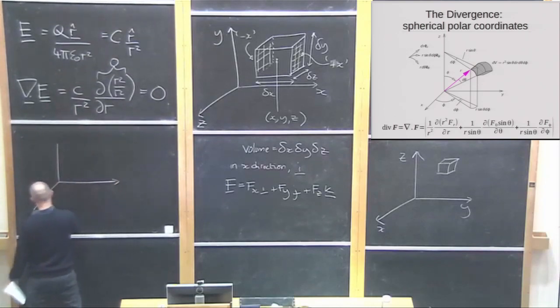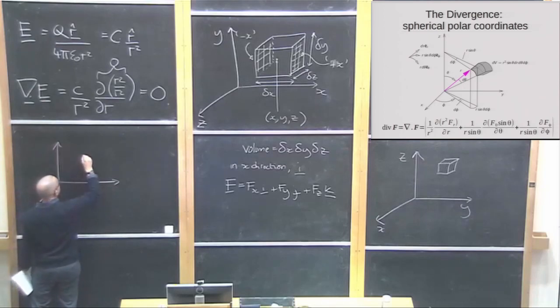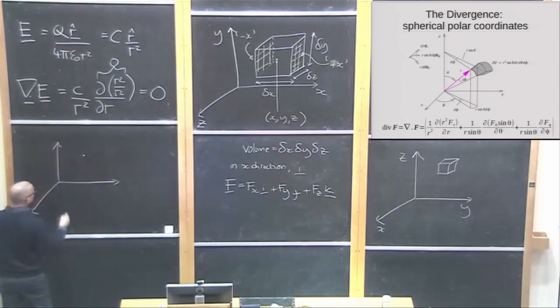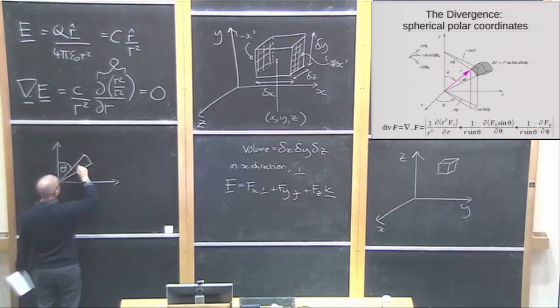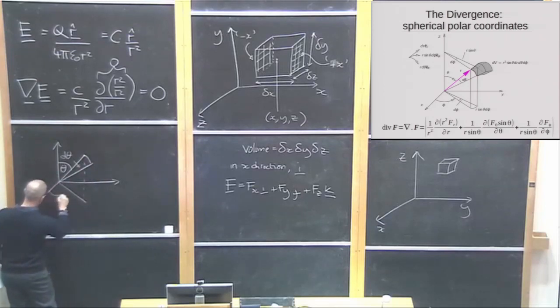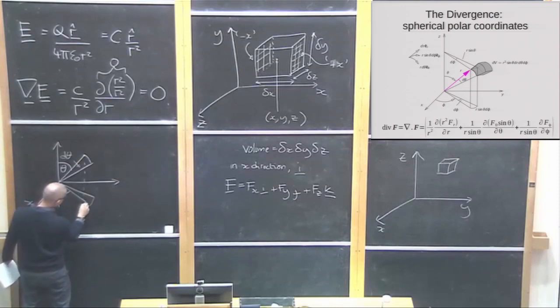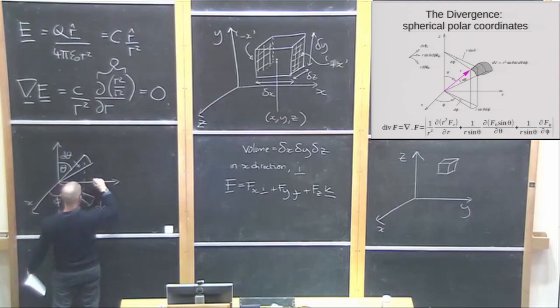You can understand this in the following way. If I have a spherical polar coordinate system, and I have my point here with my polar angle theta, and I move it some amount d theta, this projects down onto my xy plane, and I have my angle phi that it makes with the xy coordinate, and I move that some d phi.